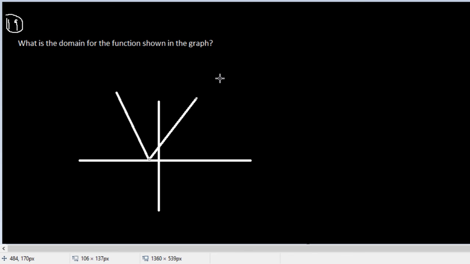Right there. And so they're asking you for the domain of the function. So this is 1 right here. This is 2, -2, this is -1, -2, and so forth.